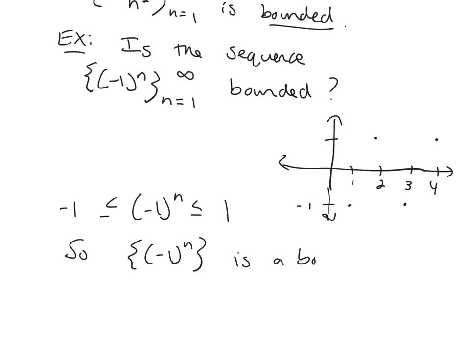You can think visually if you want: if you plot your sequence as these points, bounded above means it doesn't go beyond a certain point above, and the same thing for bounded below. There's a cutoff on the bottom where it doesn't go below that value.